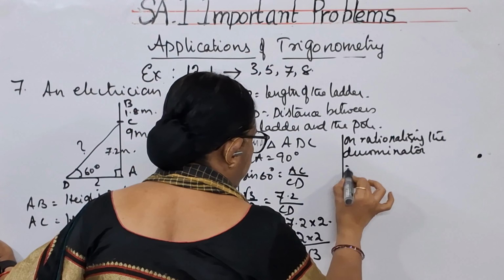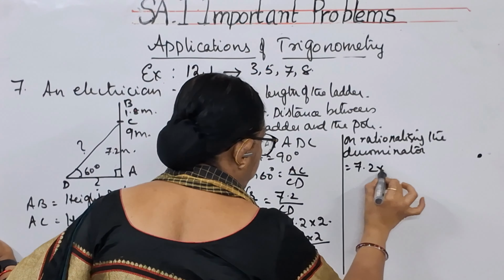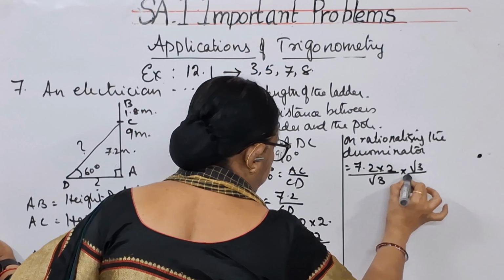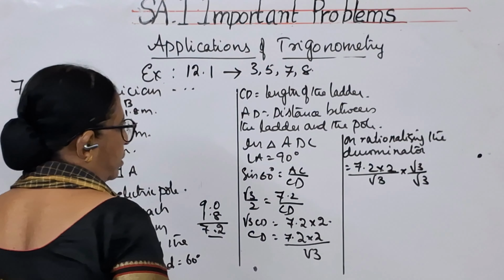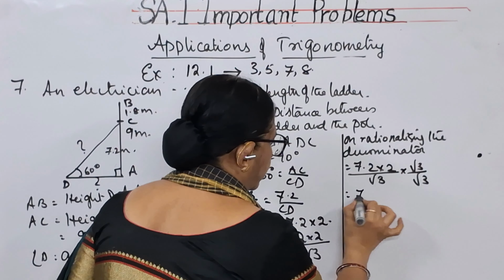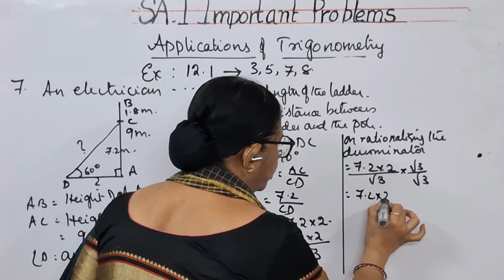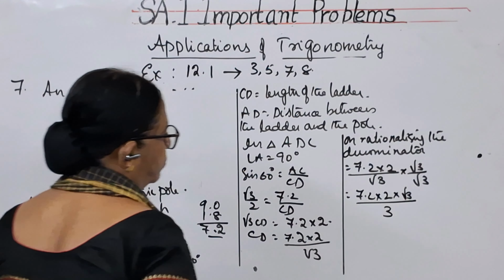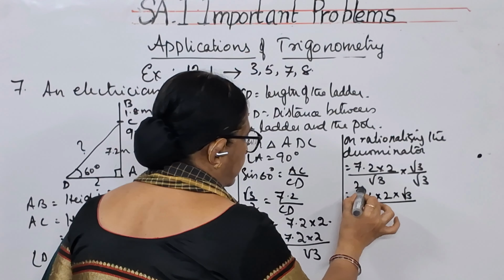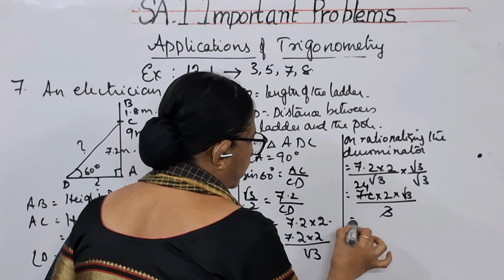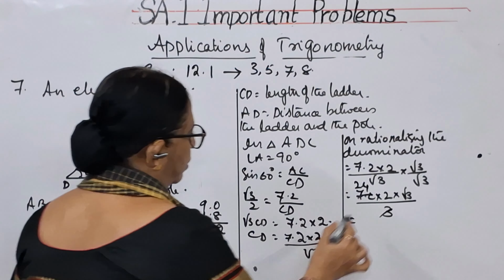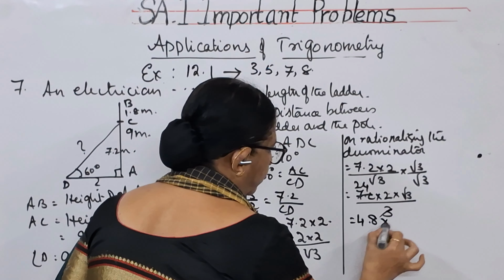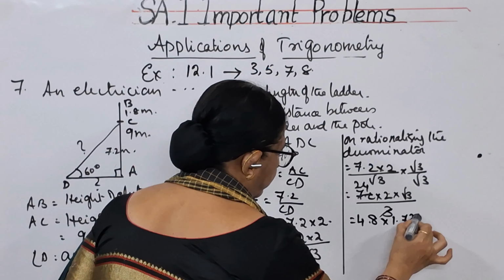What you are getting? 7.2 into 2 by root 3 into root 3 by root 3. That means 7.2 into 2 into root 3 by 3. So 3 2s are 6, 3 4s are 12. So this is 2 4s are 8, 2 2s are 4 into 1.732.